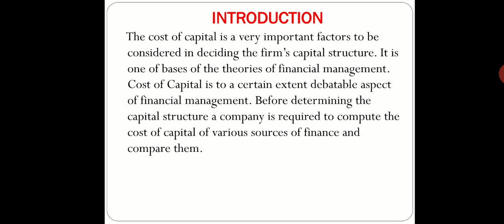And in internal source, there is a single source, that is retained earning. When company is going to select any option or any source to raise their capital, they are going to bear some kinds of cost for raising such capital, and that cost is known as cost of capital.